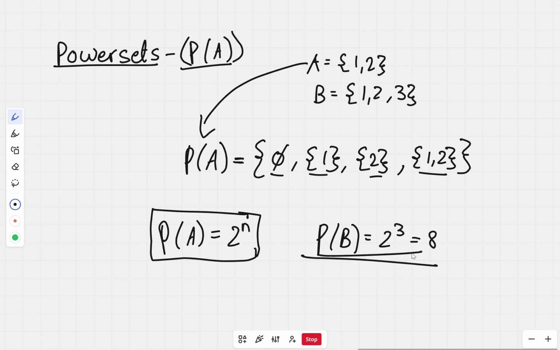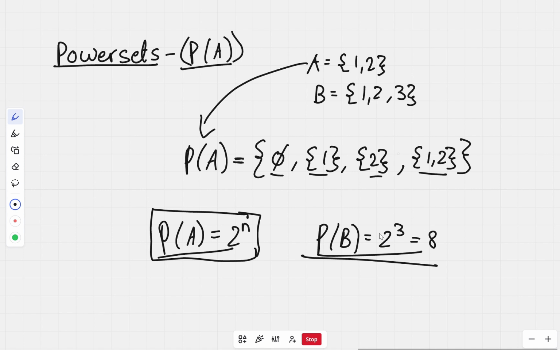This is how we can calculate the number of elements present in a power set. This is a great formula we need to remember, because we are going to use it in our future questions. The power set of any set has 2 to the power n elements, where n represents the number of elements present in that particular set. We have taken an example here also.